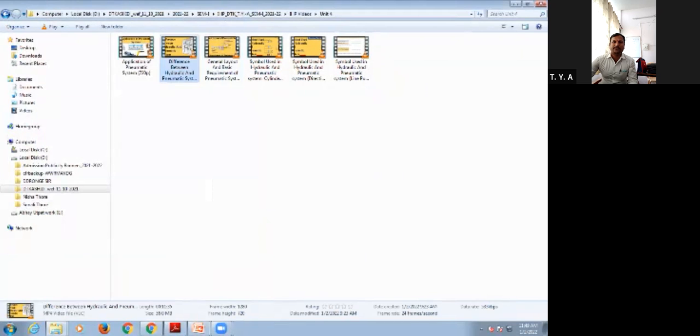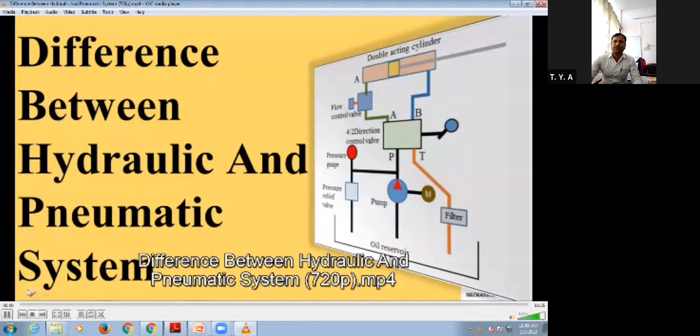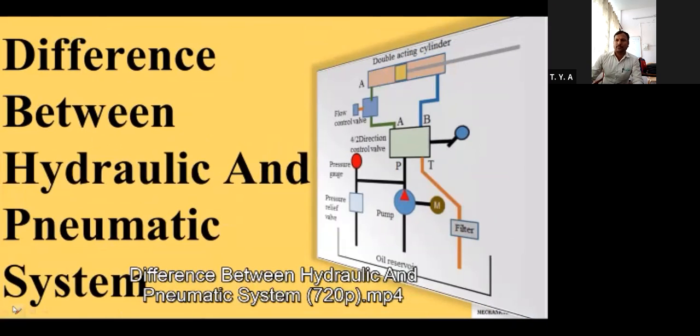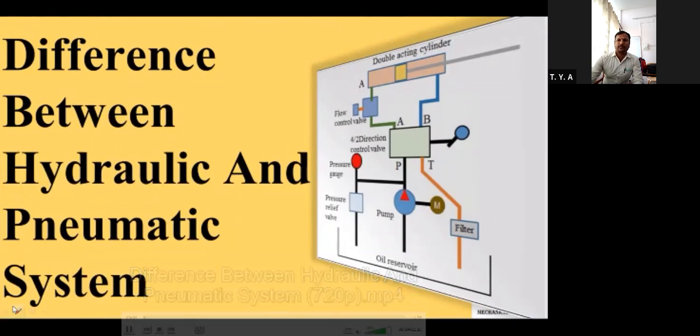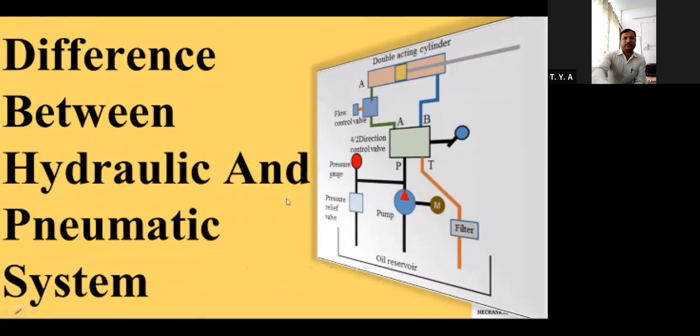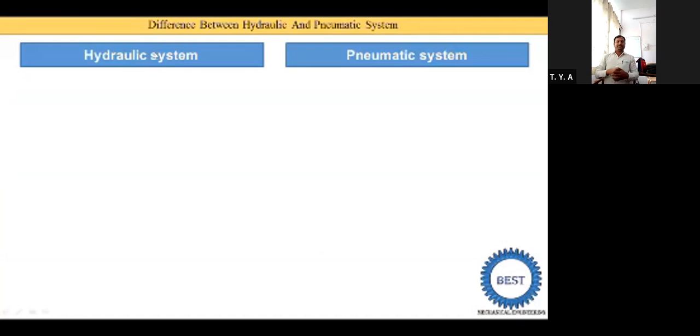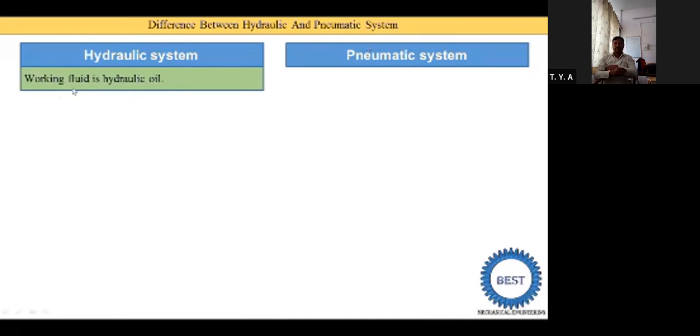Difference between pneumatic and hydraulic. In this video, I discuss the difference between hydraulic and pneumatic systems in detail. On the left side, we have written the points of the hydraulic systems, and on the right side, the pneumatic systems. So the first point is that the working fluid is hydraulic oil in hydraulic systems.